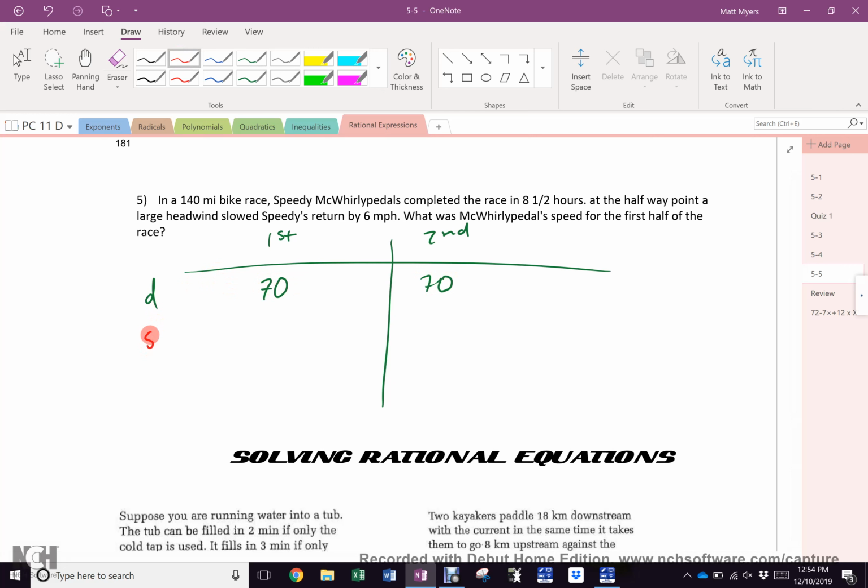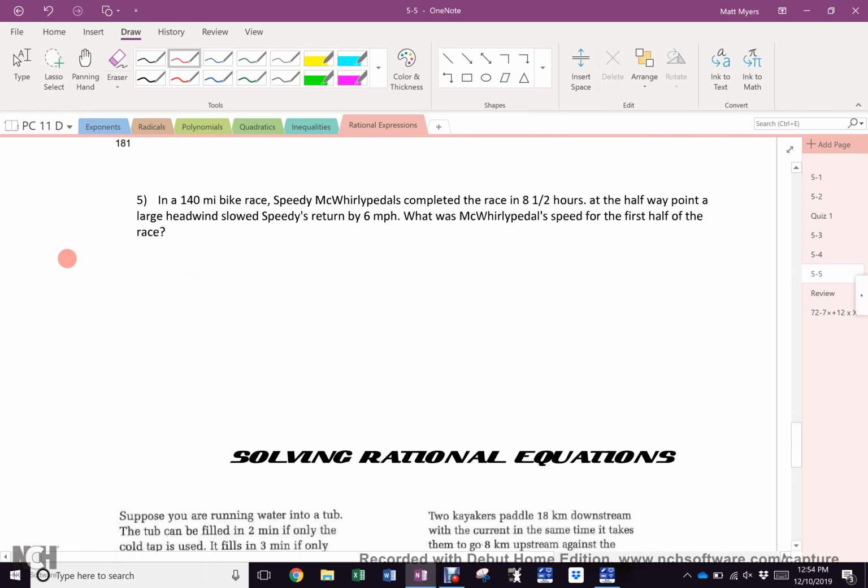Do I know McWhirly Pedal's speed? I'm going to make this chart smaller. I want room to work. Do I know McWhirly Pedal's speed? Do I know his speed? No, so what do I give it? In the first half, what is it? X. What is it in the second half? No. It's slowed Speedy's return by 6, so it's X minus 6.